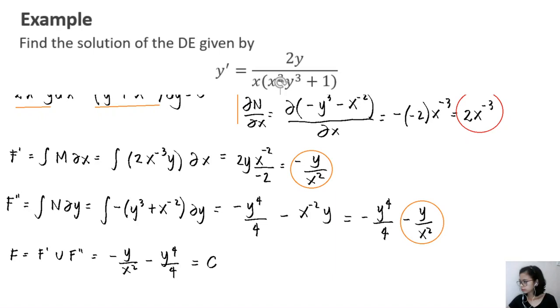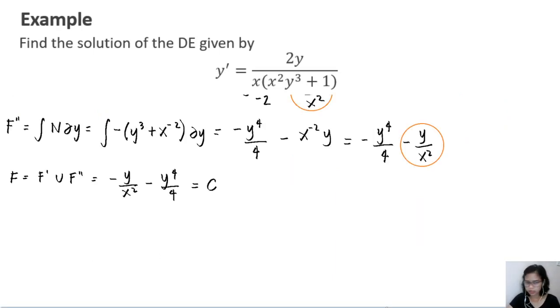Okay, so simplifying this, let's multiply both sides by what? Oh, I can't see my pen. Multiply both sides by negative 4x squared. So this will be 4y plus x squared y to the 4th, is that correct, is equal to negative 4cx squared.